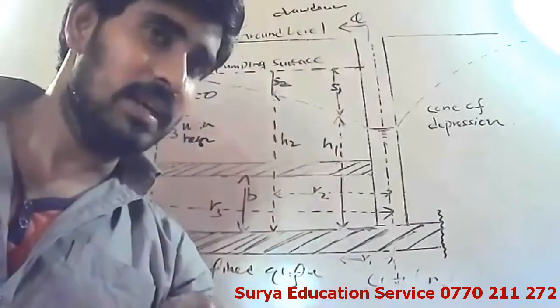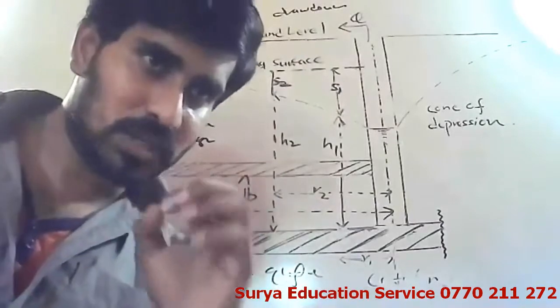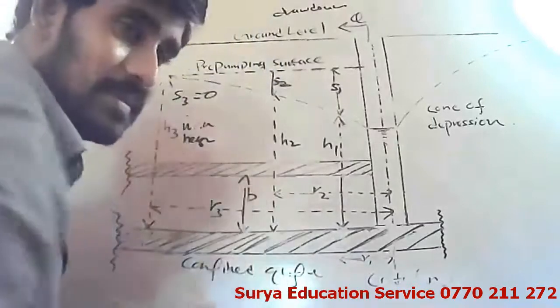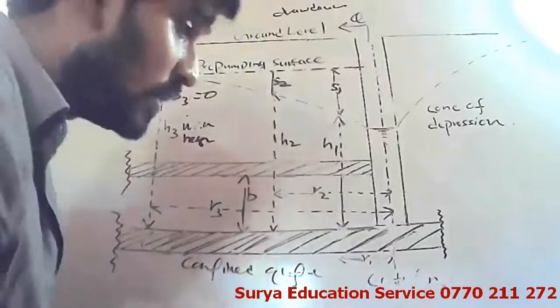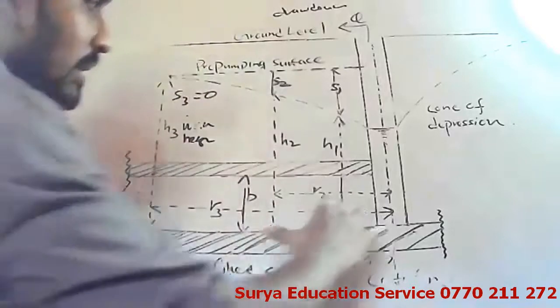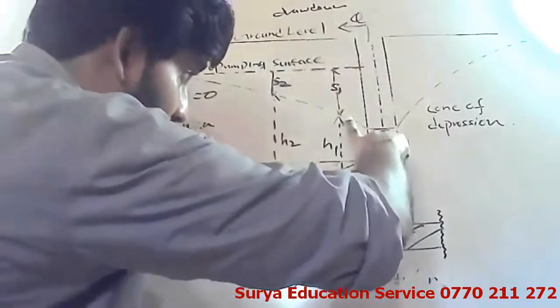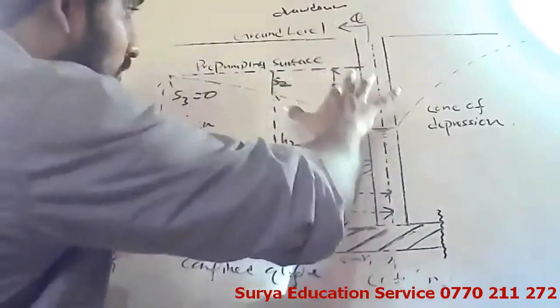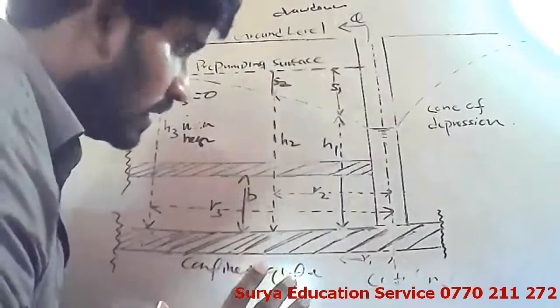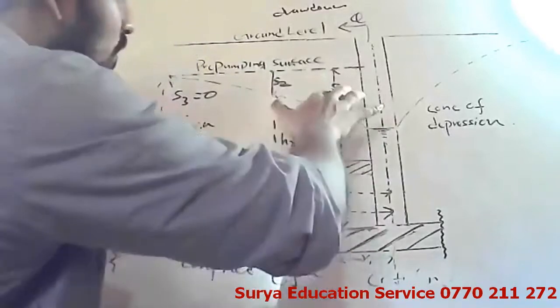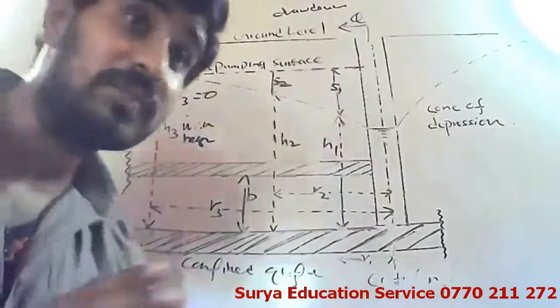Basically, under this equation there are two types of measurements. I will come back to the equation, but before that you need to understand that either you need to know H1 and H2, or S1 and S2. If you know H1 and H2, that's fine, or if you know S1 and S2, that is also fine.